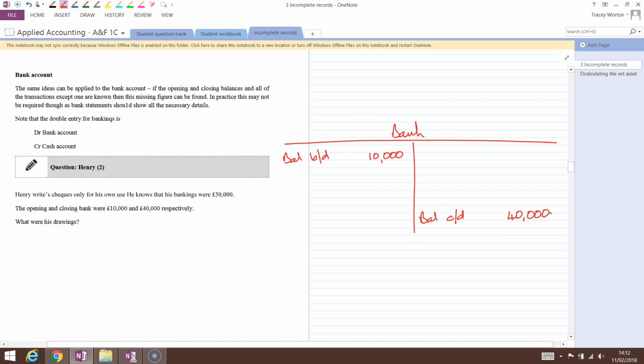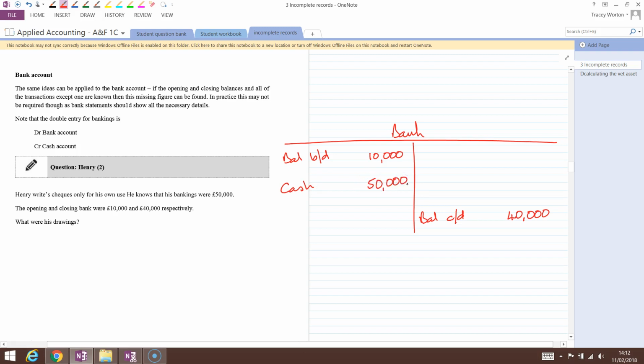And then we're told also that he banked from his petty cash tin, from his till, 50,000. So we've got some bankings from the cash account of 50,000.